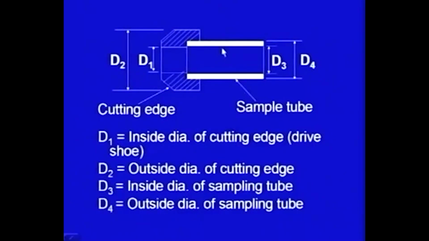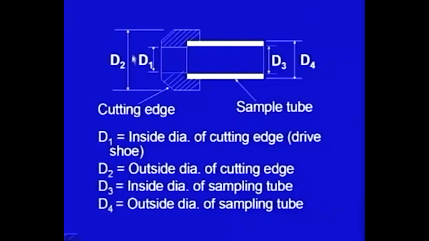Here I have shown a sampler. This is the cutting edge, and this is the sampling tube. D1 is the inside diameter of the cutting edge. The soil sample will enter from here towards the sample tube.